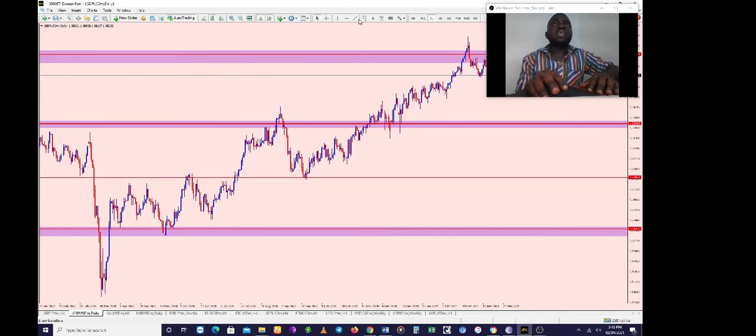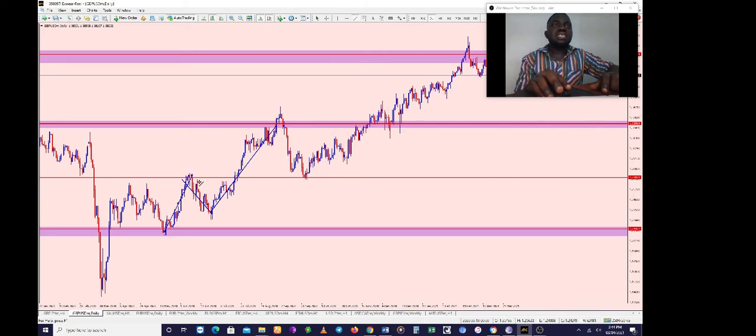So this is where price got to. Price moves all the way here, then it makes a turnaround to the downside here. Then we see the price break all the way down, comes to this resistance. This time around, it doesn't continue; it makes a turnaround to the downside.